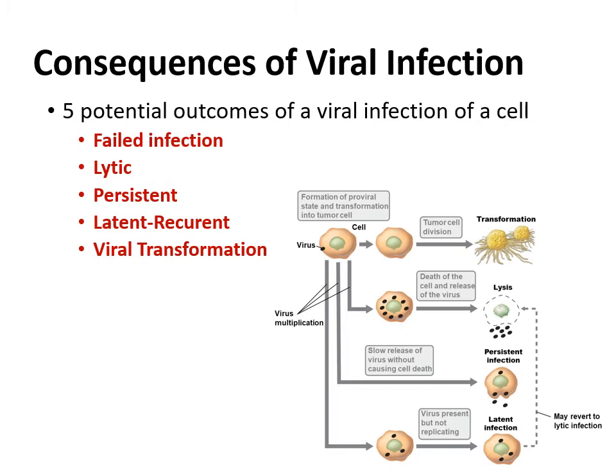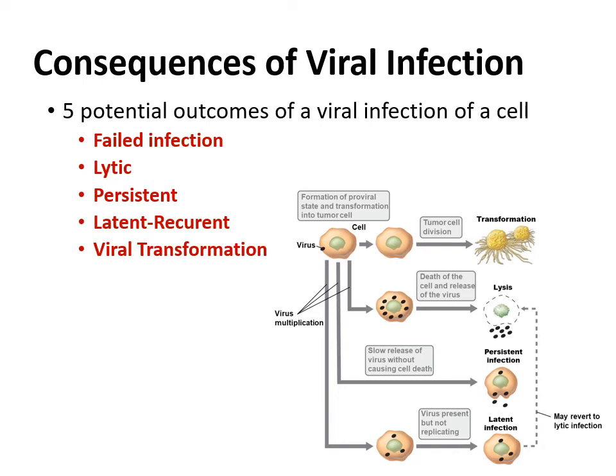You then have latent recurrent infections. You don't have virus production because it's latent, they're dormant. But it has the potential for recurrence, meaning that the latent infection, as you can see here, can revert to lytic. So a dormant latent infection can become active and start killing host cells.